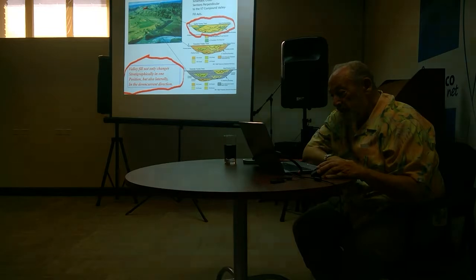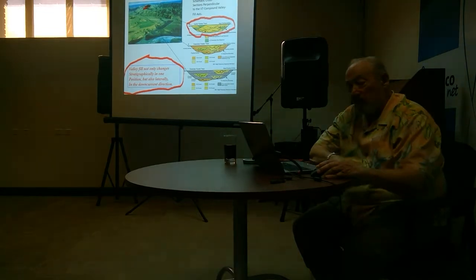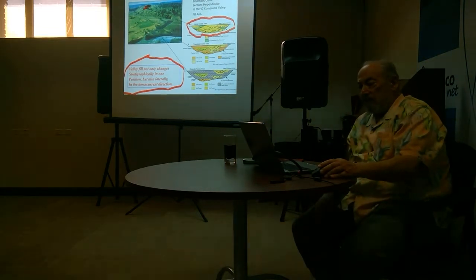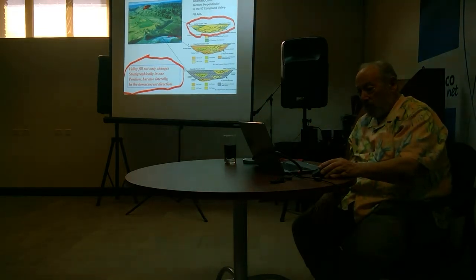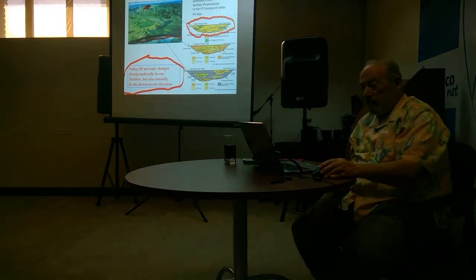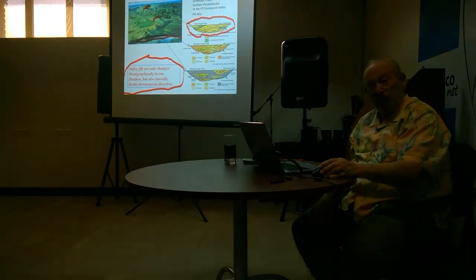If you're way up in the upper reaches of your river, you're not going to have any marine influence at all. Here's the modern day shoreline, and even the high tide only comes to about here in this valley, so there's virtually no marine influence way up there. Everything you get is fluvial sand.